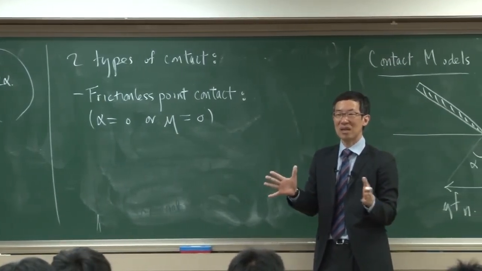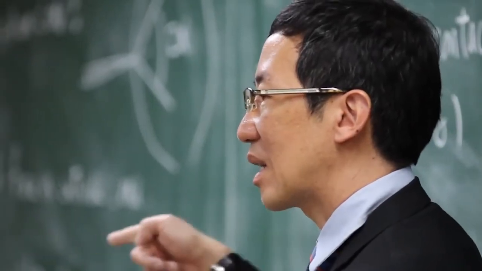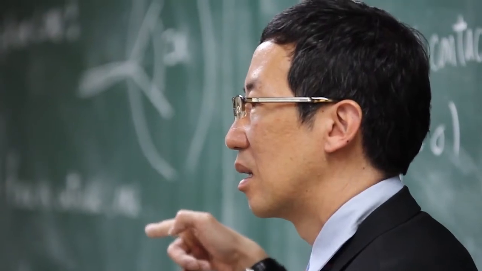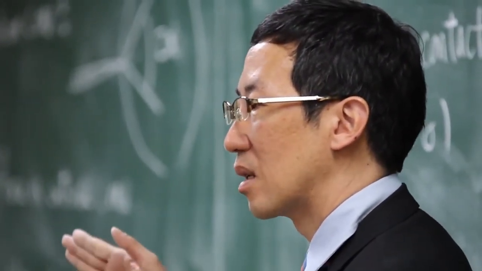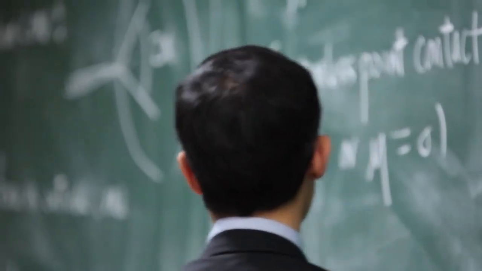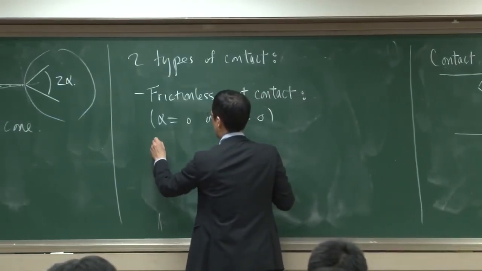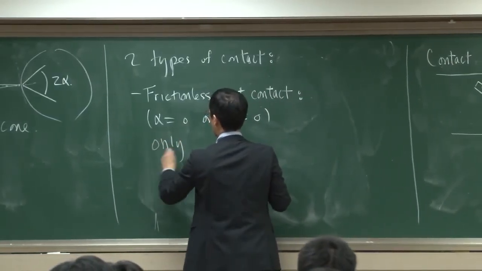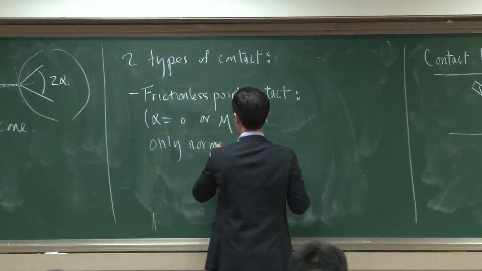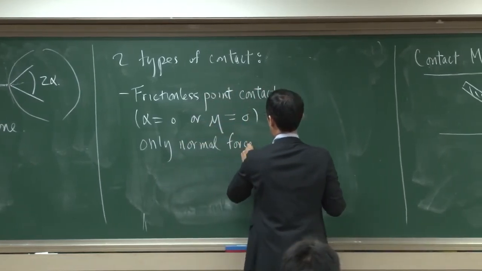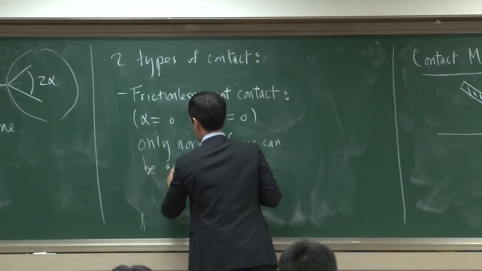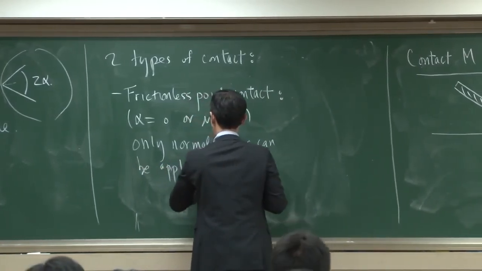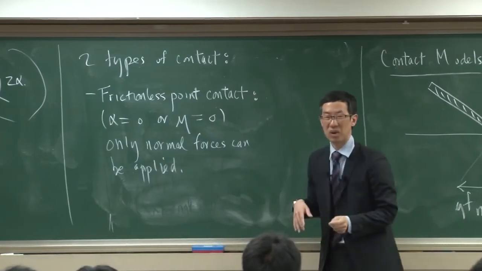That means the forces that can be applied must always be normal to the surface. Only normal forces can be applied. So that's frictionless point contact.